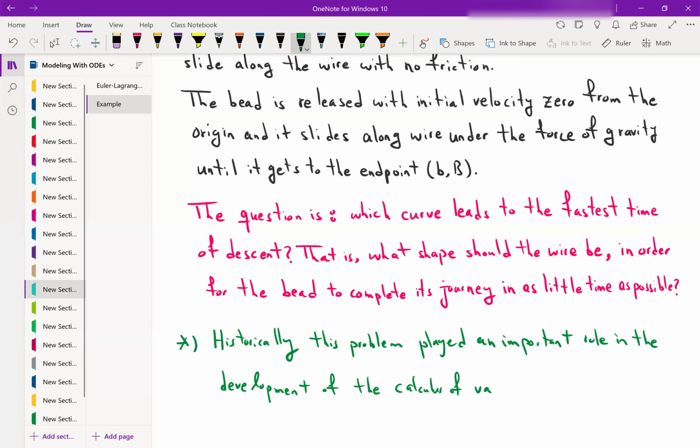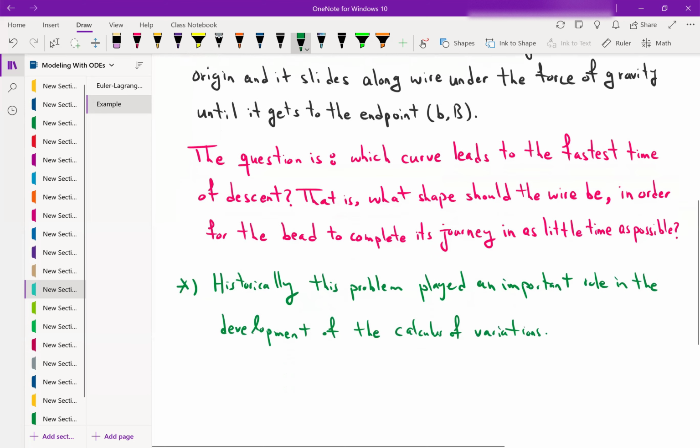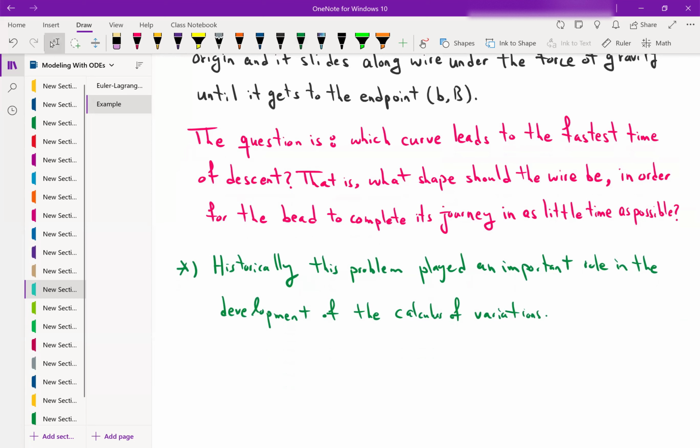Okay. And now, actually, let me tell you what the solution is. We will do the work. I will definitely show you what the differential equation is that governs the shape of this least time curve. However, I just want to make sure that you know that the solution will not be the straight line.